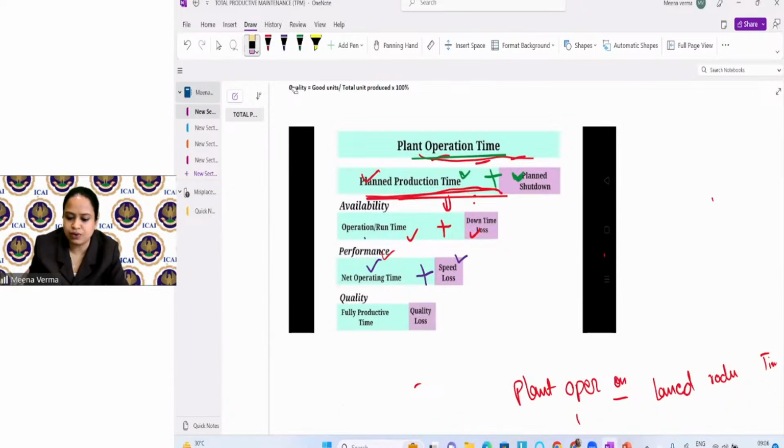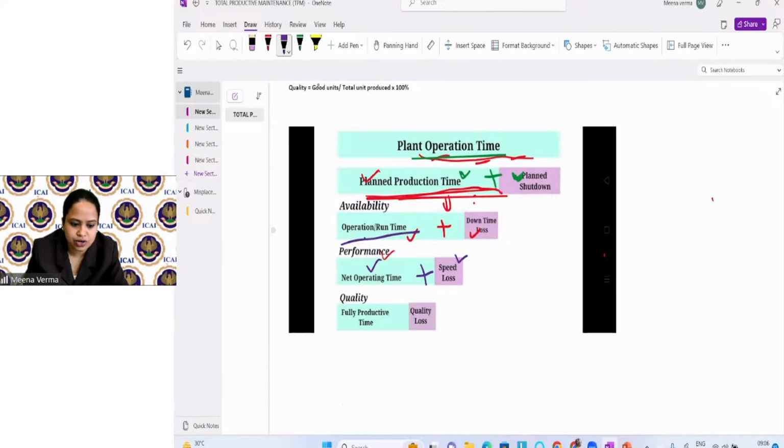This entire thing will be equal to the sum of these two values. Planned production time is equal to the sum of these two times, and planned operation time is equal to the sum of these two. For that reason, I have written it in this way, right? And the last, net operating time, is equal to the sum of these values.